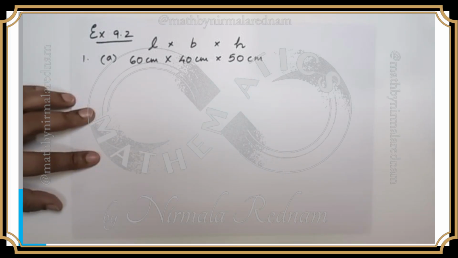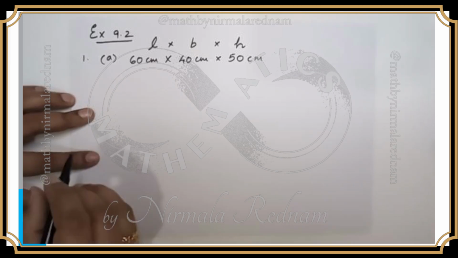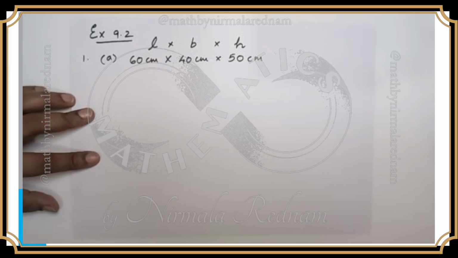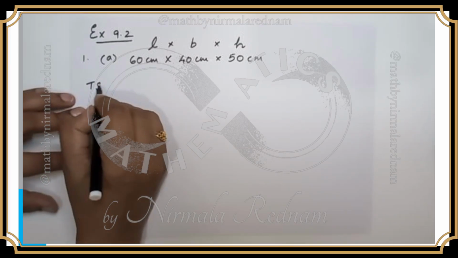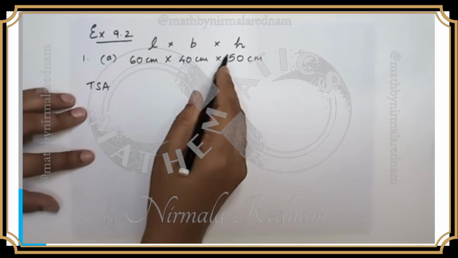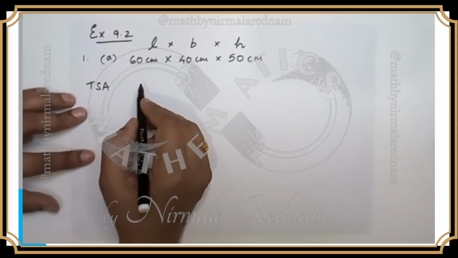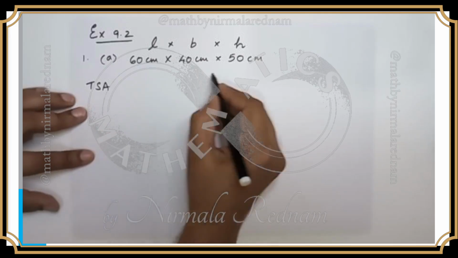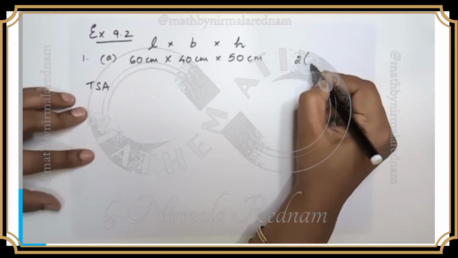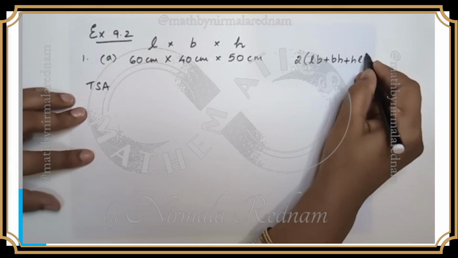Now they're asking us, of the two, the cuboid and the cube that they have given, which one requires lesser amount of material to make? So material to make is nothing but the surface area. To be more specific, it is the total surface area, right? So that is the amount of material you will need in order to make that box. So what we'll be finding out is the total surface area, and we know that for a cuboid the formula is twice of LB plus BH plus HL.